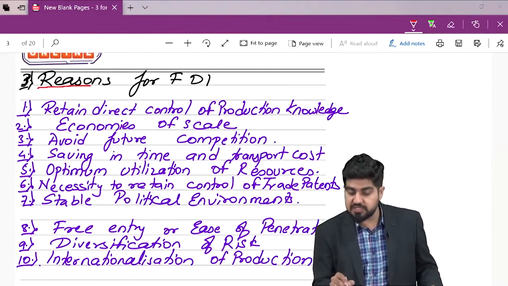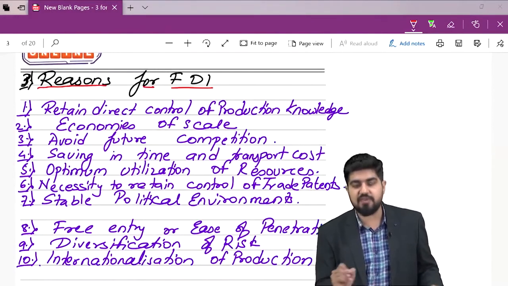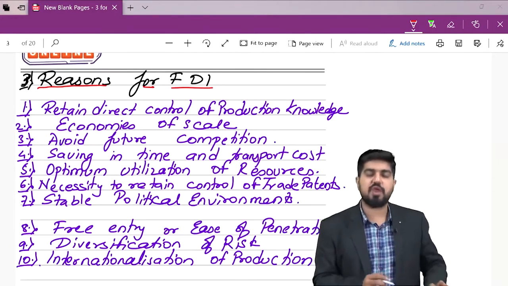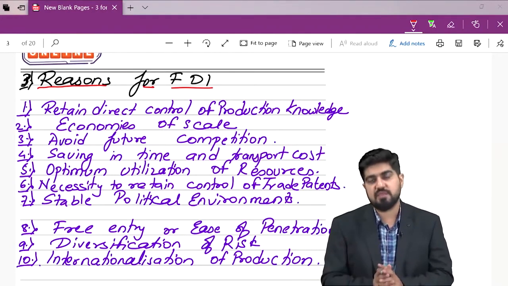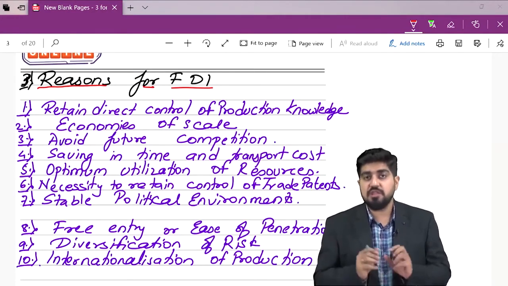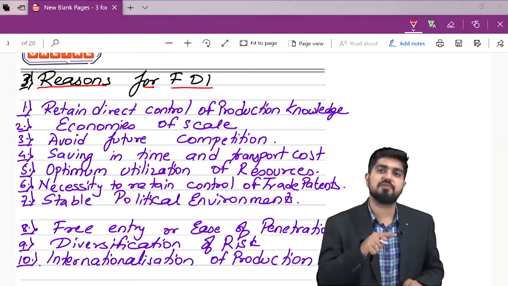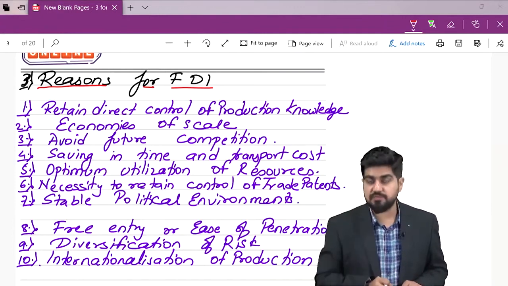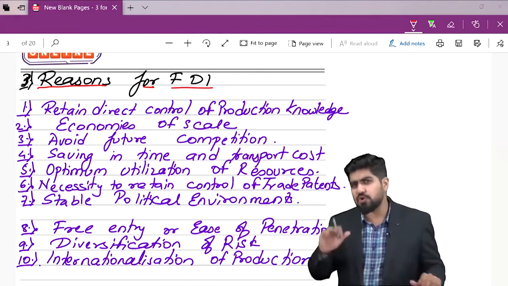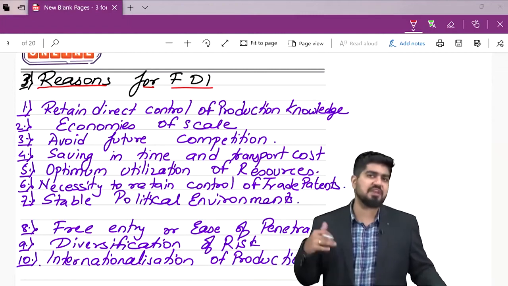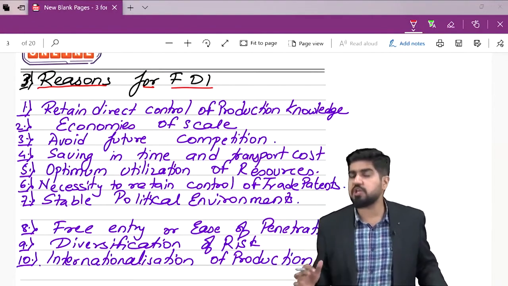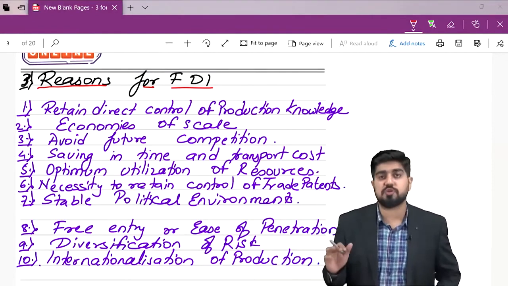What are the reasons for FDI? Now students, why would we go for FDI? See, remember, the way you produce a particular product, you don't want to share that information with anyone else in the world. Generally, you could have outsourced, you could have given the franchisee, but you don't want to share your business model, you don't want to share your production knowledge.